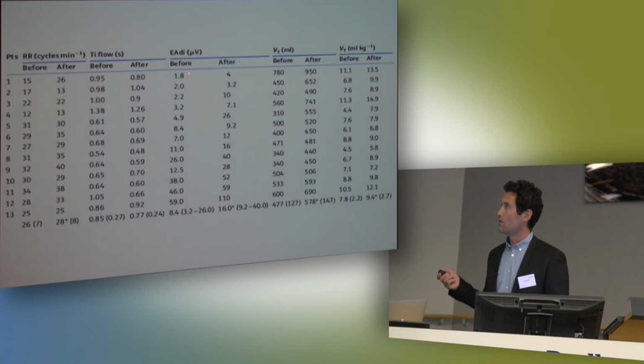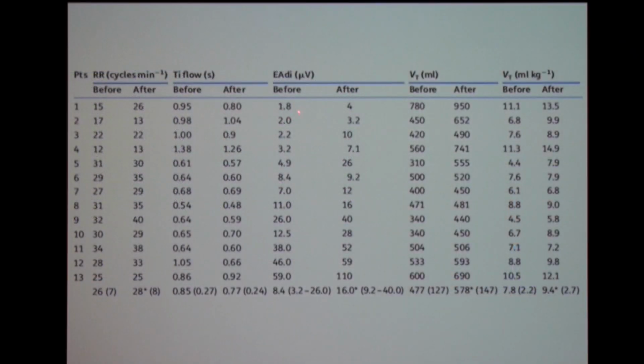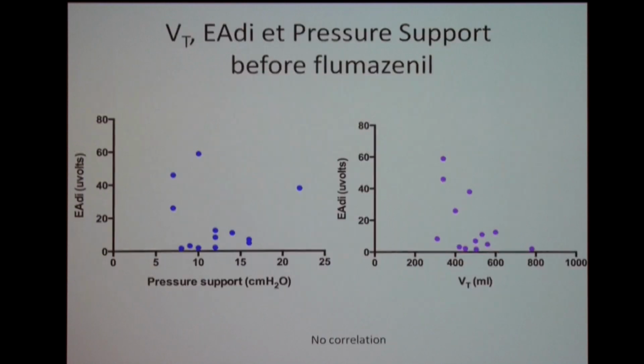Because we had a wide range of EDI at day 1, from 1.8 to 59, we tried to see how patients with different EDI at day 1 behaved, and we see that there's no correlation between this level of EDI and the level of pressure support, or even the tidal volume.